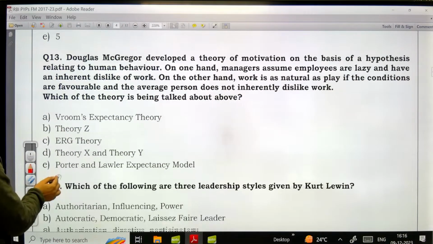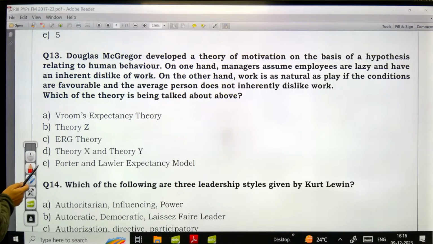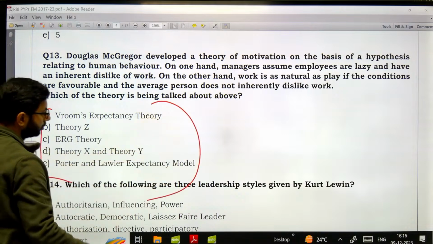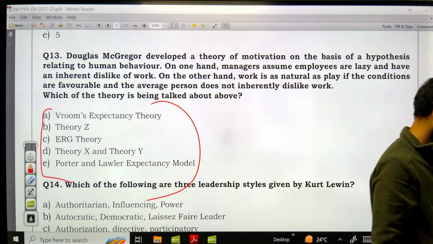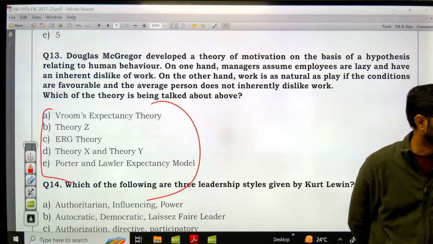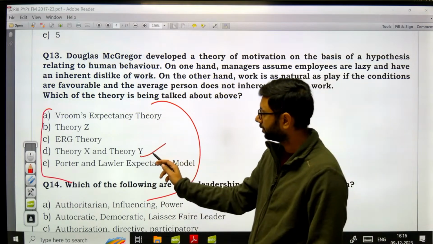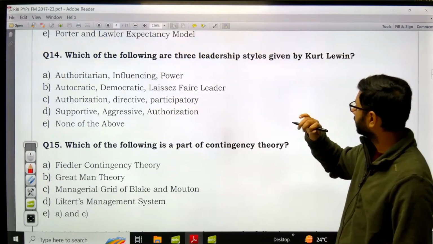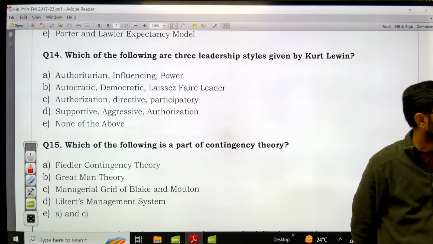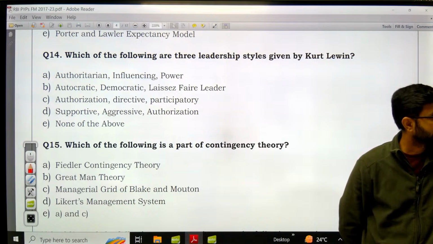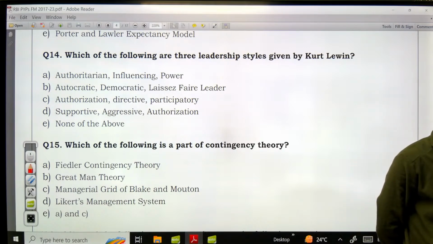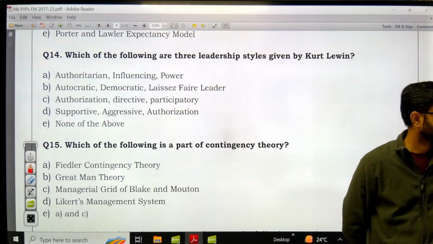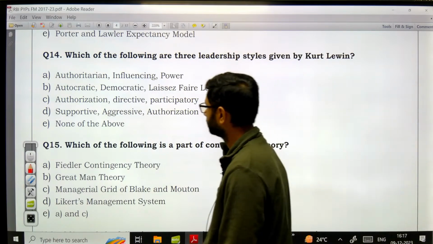Okay, so next question. Douglas McGregor developed the theory of motivation on the basis of hypothesis. What is the theory all about? Yes, correct. D is the correct answer. Theory X and theory Y. Which of the following are the 3 leadership styles given by Kurt Lewin? Yes, B is the correct answer.